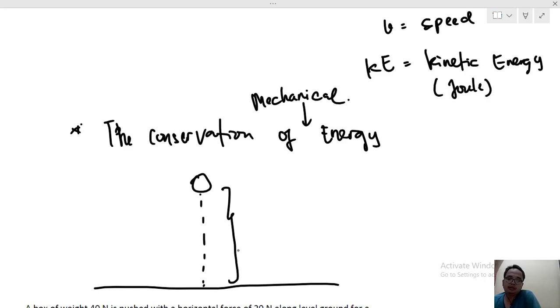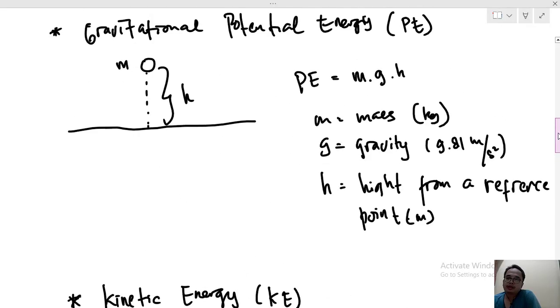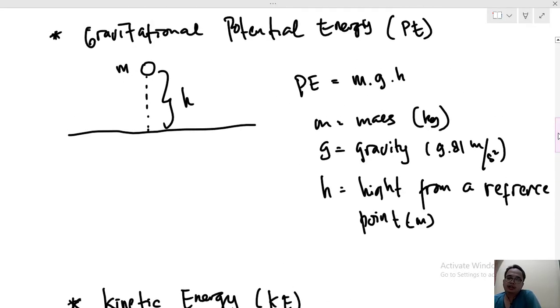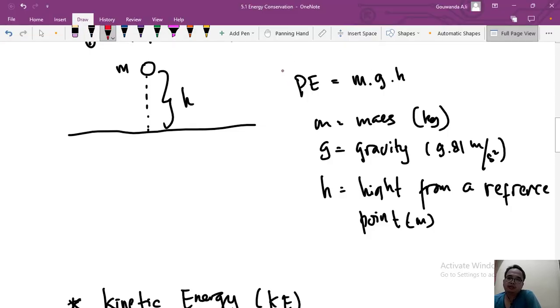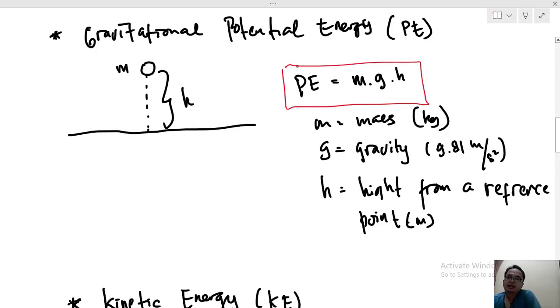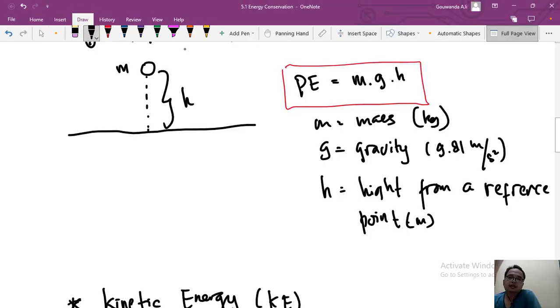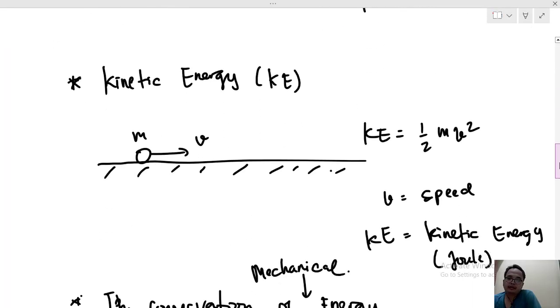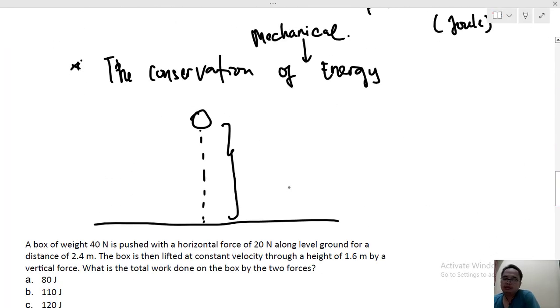It means that the potential energy of the object will also decrease, because potential energy depends on mass, gravity, and height of the object from the reference. And then, when we drop an object, when the height decreases, the speed will increase.